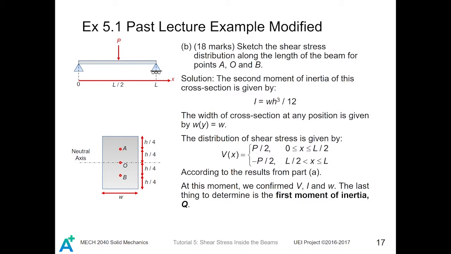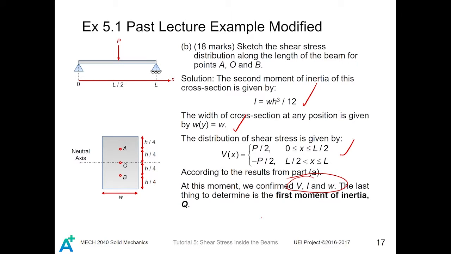In the previous slide, we found that the shear force is P divided by 2 for the left half and minus P/2 for the right half. So at this moment, we have confirmed 3 quantities: the second moment of inertia, the width, and the shear force applied in this cross-section.